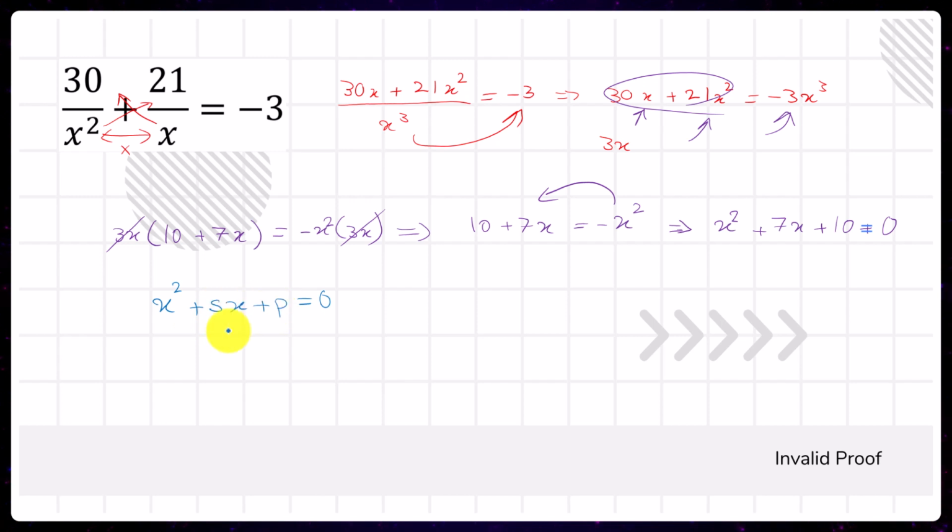The way to simply factor this equation is that we want to find two numbers whose sum is s, so a plus b equals s, and whose product, a times b, equals p. And when we find this a and b, our equation turns to something like this: x minus a, times x minus b, equals 0.